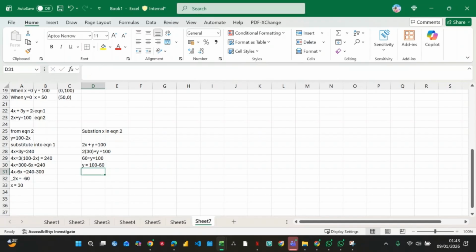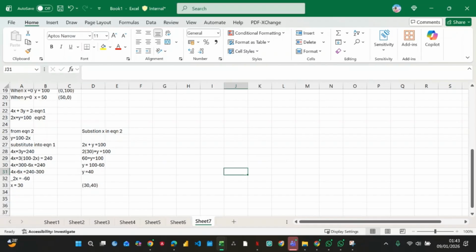That means y is 100 minus 60, which is 40. So here our corner point is now going to be 30, 40.